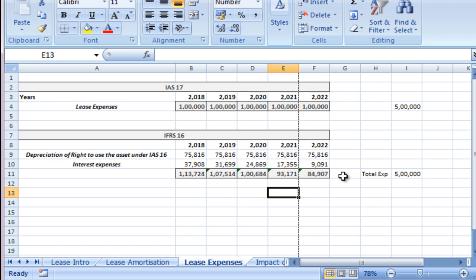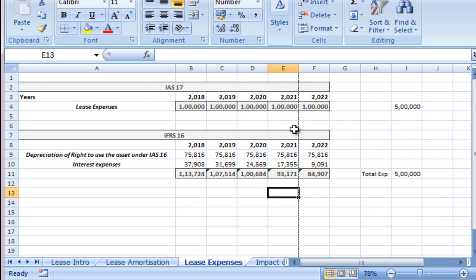So under IAS 17, I will book a straightforward 1 lakh as a lease expense. But when I come to IFRS 16, there are two types of expense that we need to break it into. The lease expense is broken down into two parts. The first one is the depreciation, the second one is the interest.